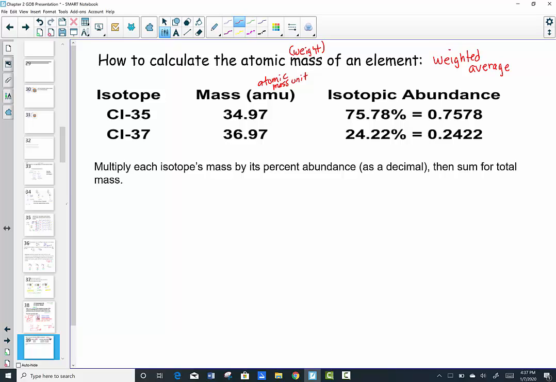What would that average to be? Let's model it. So for each isotope, we're going to multiply the mass times its naturally occurring abundance. So isotope number 1, we're going to take its mass measured in AMUs, and we're going to multiply it by its isotopic abundance. I'm going to remind you that when we multiply, the percent sign has to be taken into account, so I'm going to say percent abundance as a decimal.